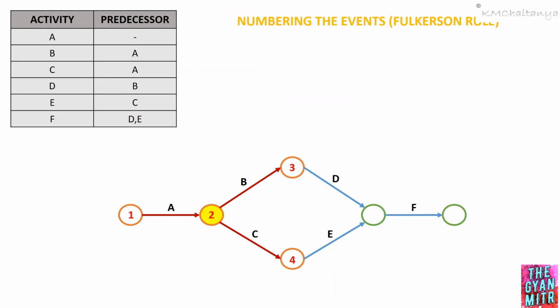Or we can interchange these numbers and have the event occurring after activity C as number 3 and the event after activity B as event number 4.